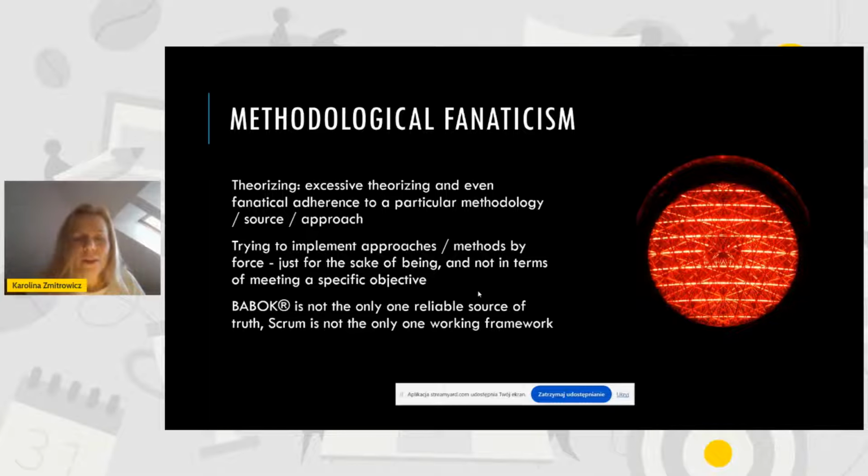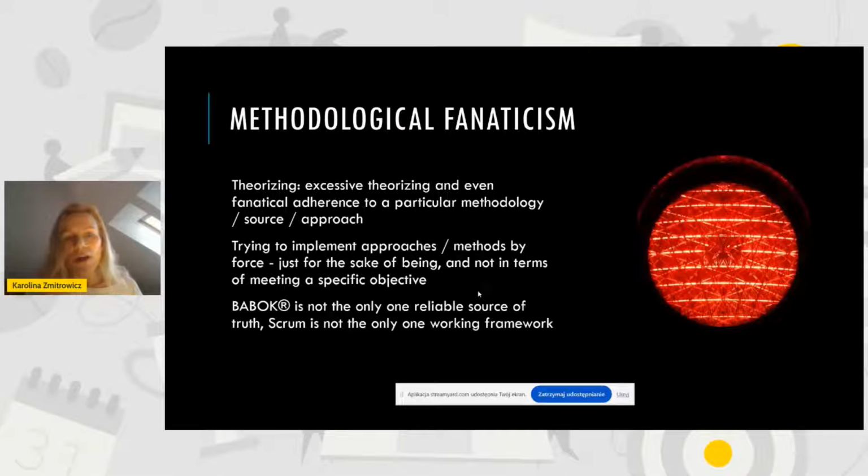Guys, we have really a lot of sources, methods, frameworks, things like the BABOK Guide or the PMBOK or whatever book. By definition, every project is unique. And you cannot say that a given method, framework, tool will always work, will always be appropriate.